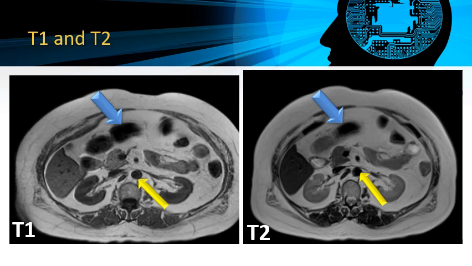The yellow arrow refers to fast flowing structures like blood in the large vessels. Here it refers to the aorta, which has a signal void on both T1 and T2, indicating a low signal. So we cannot consider these structures as discriminators because they have the same signal pattern on both pulse sequences. So we still rely on the fluid signal.